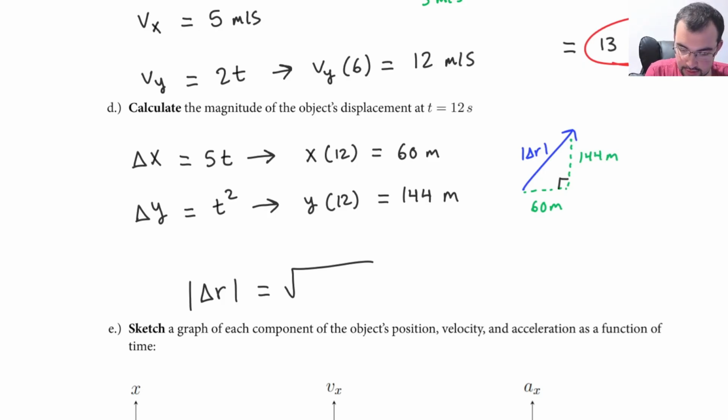The right triangle, so square root of the sum of the squares. Now, of course, this works out because I wrote this, but it's not something I remember. It's 156 meters.